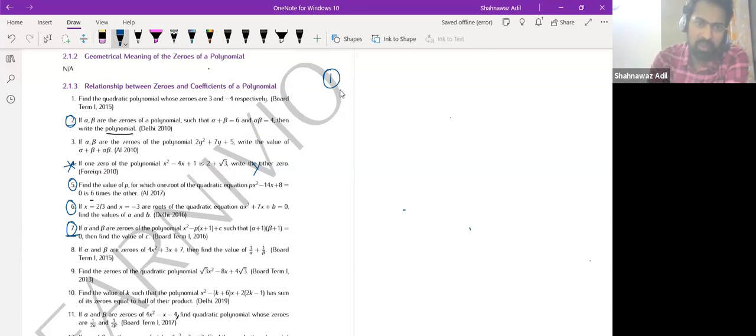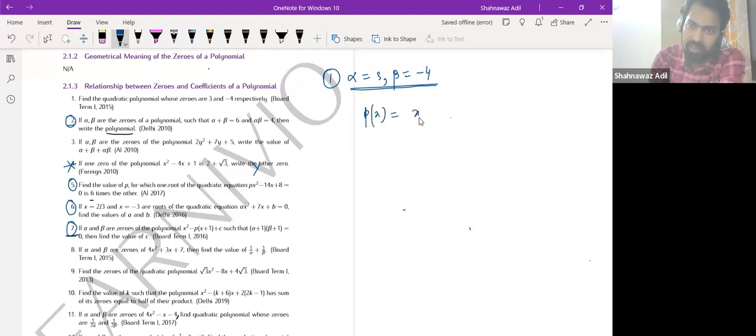Find the quadratic polynomial whose zeros are these. So the toughest question, and we have to write the polynomial. The polynomial is x squared minus (alpha plus beta)x plus alpha into beta. Alpha plus beta is how much? 3 plus minus 4, so 3 minus 4, which is minus 1.